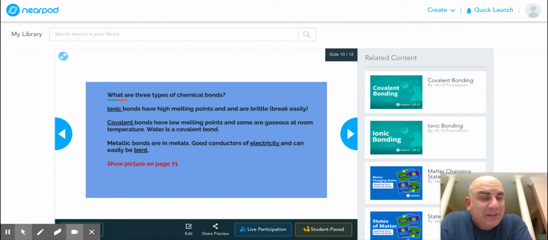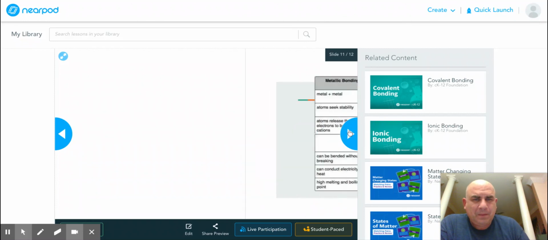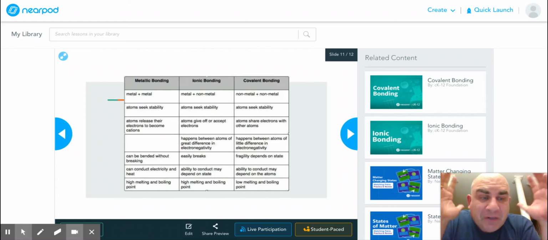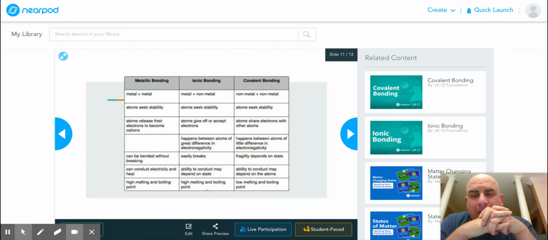Good conductors of electricity, can be easily bent. So metallic bonding is metal and metal. Ionic bonding is a little common. This might be a little over your heads, but I wanted you to see that different types of bonds make different types of substances.